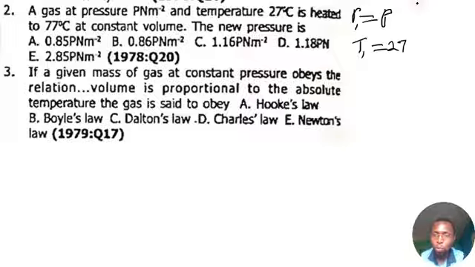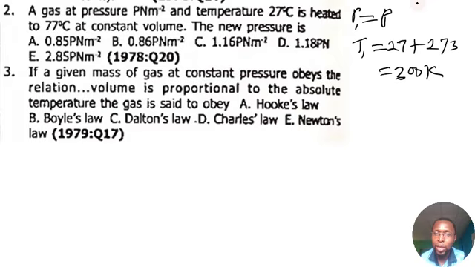You have to convert it to Kelvin by adding 273 to it. In gas laws, you convert your temperature to Kelvin when you are given it in degrees Celsius. So 27 plus 273 gives us 300 Kelvin. So our T1 is 300 Kelvin.